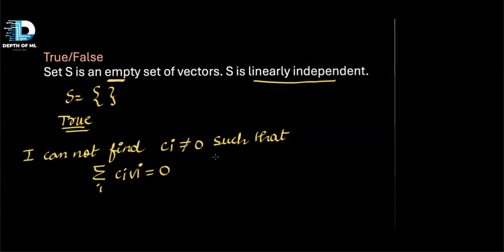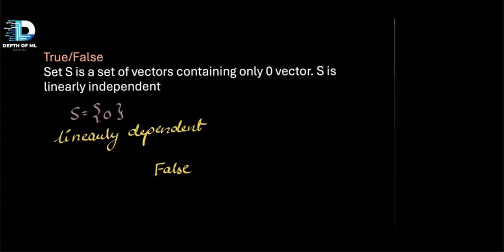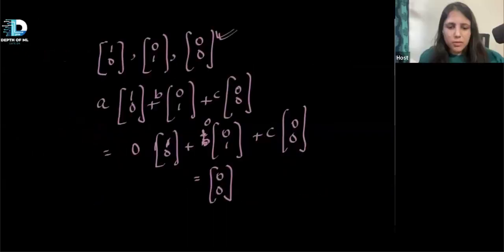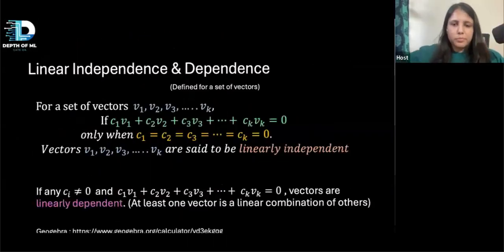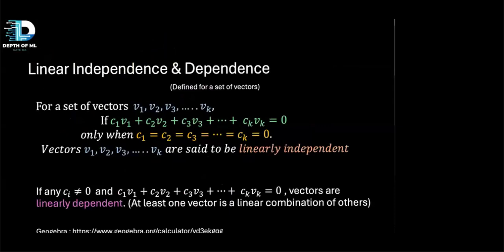Ma'am, the definition of linearly independent that was given on the previous slide above. Yes. So it is saying if we have a set of vectors v1, v2 like this, and only when we have the trivial solution, then we can say that it is linearly independent, right? Yes.